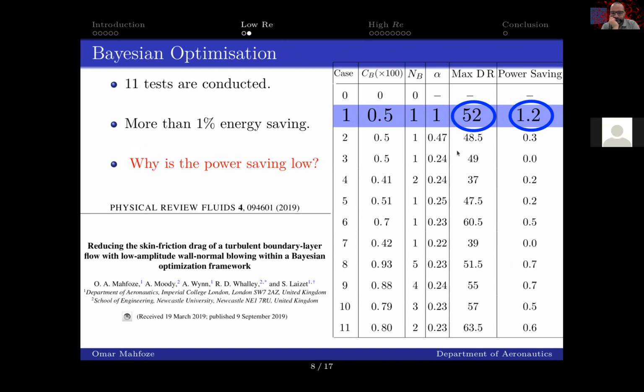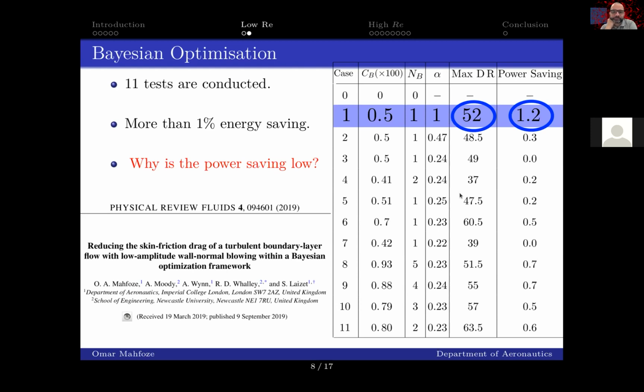So we have two questions here. The first one is why the power saving is low, about 1%. And the answer is we apply this control at low Reynolds number, and we expect that if we apply this control at high Reynolds number, we improve the efficiency and can have higher net energy saving. The other question is why intermittent blowing is not a good option here.